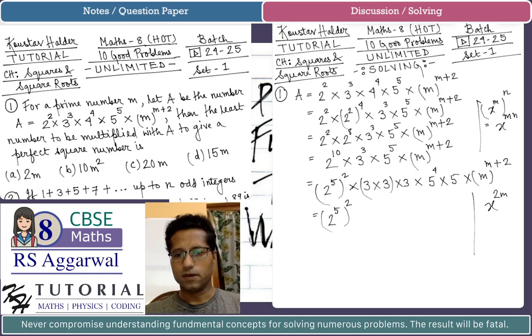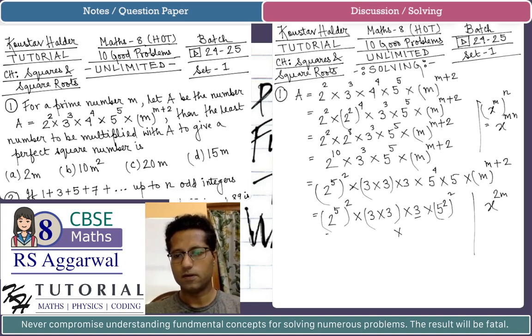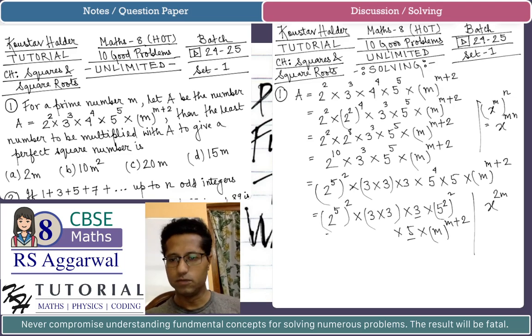Now we have 3 into 3, this is already a pair, and one 3 is left behind. Now 5 to the power 4, we can say it as 5 square to the power square, and this 5 will be left behind. If you ignore m to the power m plus 2, only one 3 and one 5 are left behind, which are not part of any pair.